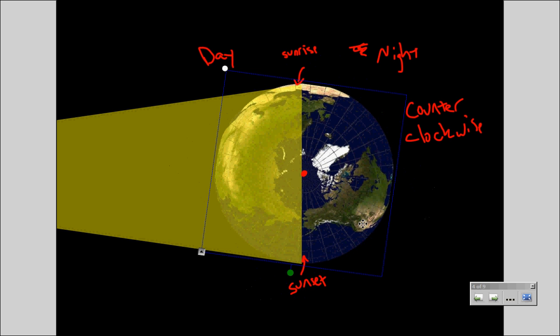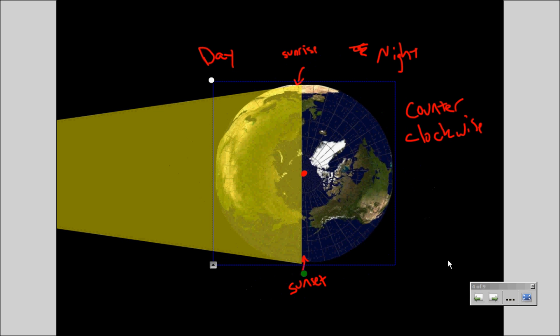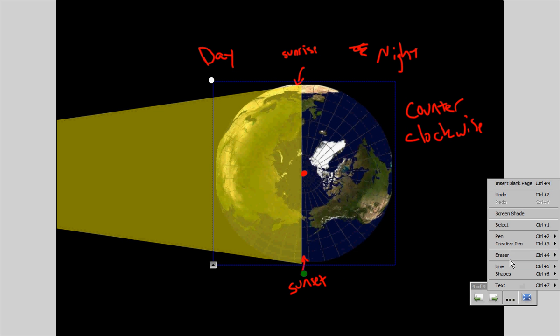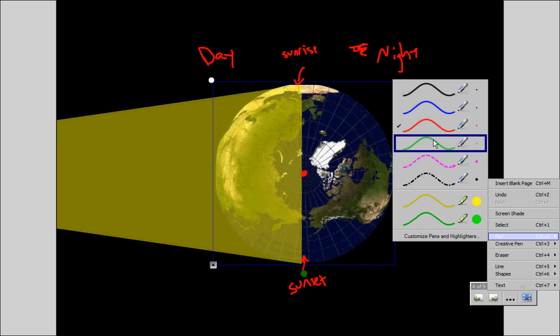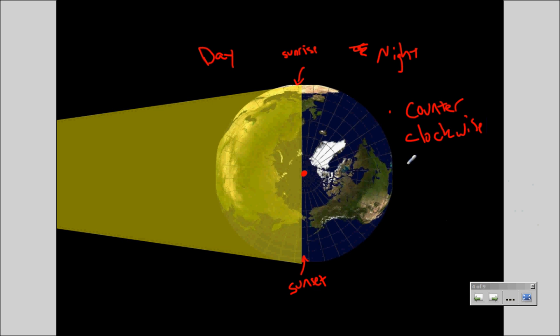New York is 1 hour ahead of us. California is 2 hours behind us. This is why we have time zones. Not everybody wakes up and experiences sunrise at the same time. So the spin was counterclockwise. Another way of saying it is that the Earth spins eastwards. And this brings up the popular saying, the sun rises in the east and sets in the west.